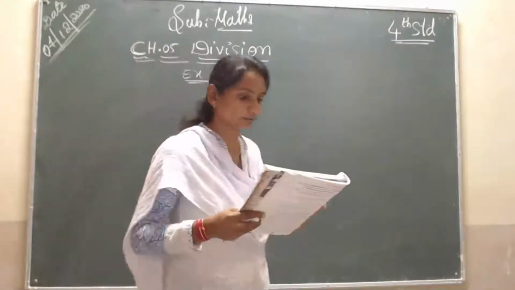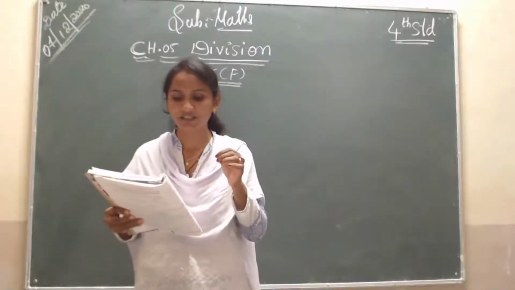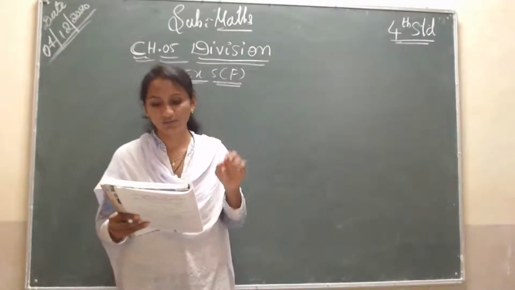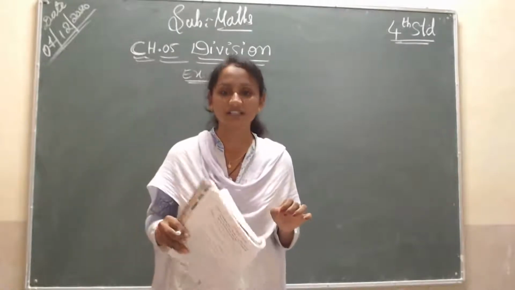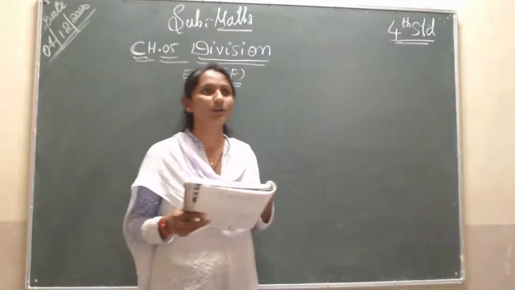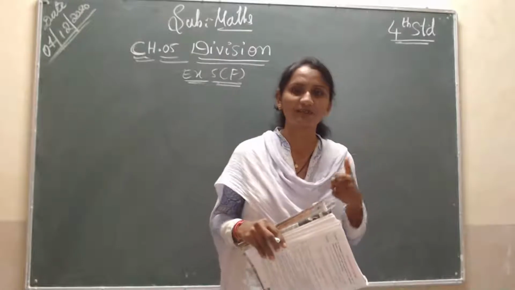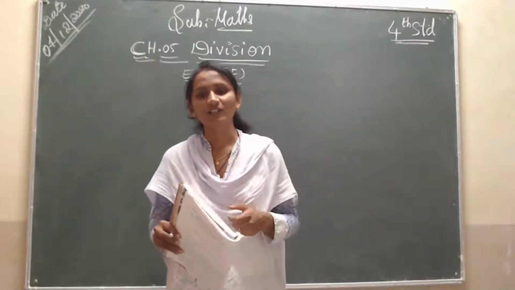Exercise 5F. Students, what is the first main question? It says: work out and tell the approximate result or approximate numbers. Students, you just want to recall that in the previous class, that was estimation.